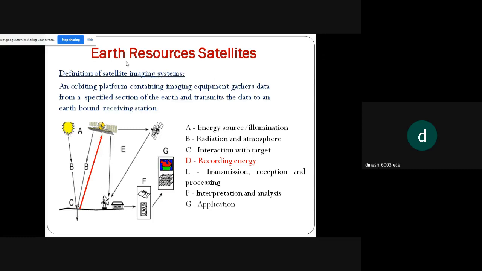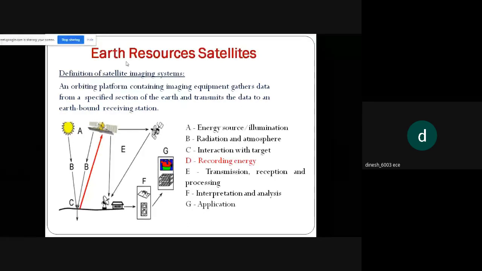An orbiting platform containing imaging equipment gathers data from a specified section of the Earth and transmits the data to an earthbound receiving station. This is where the Earth resource satellites have been deployed.